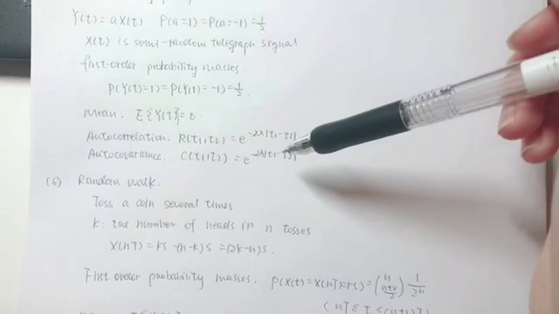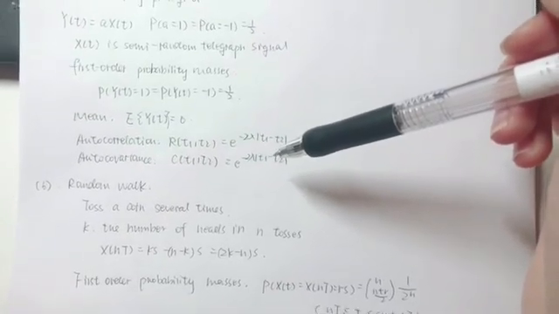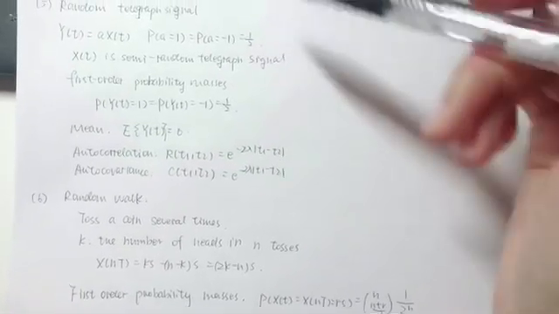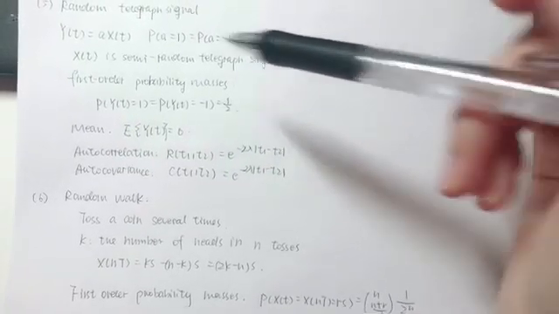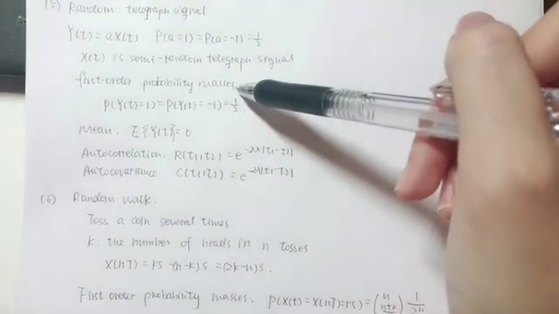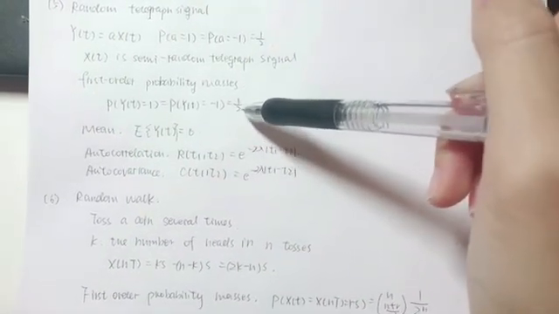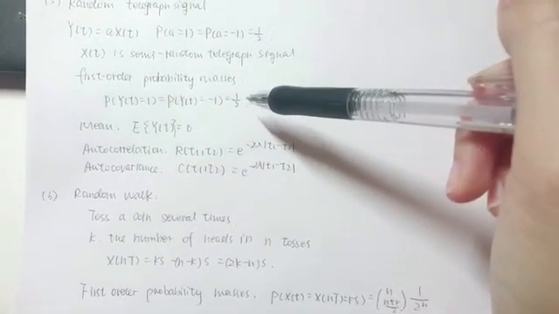For this process, the special thing is that the first order probability mass all equals 0.5.